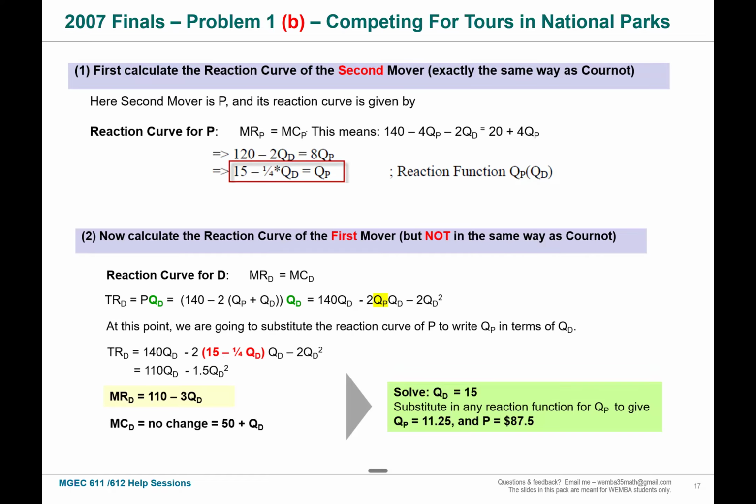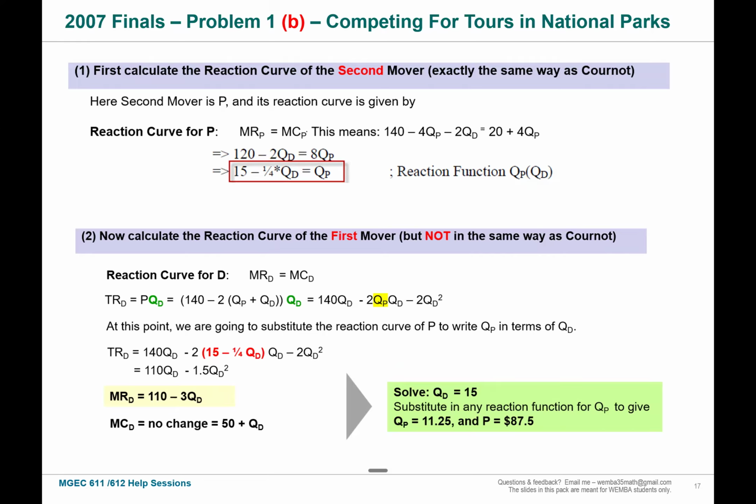Now you can simplify it. TRD is a function of just QD now. From here you can get MRD, and set that equal to MCD. That's the reaction curve of firm 1.